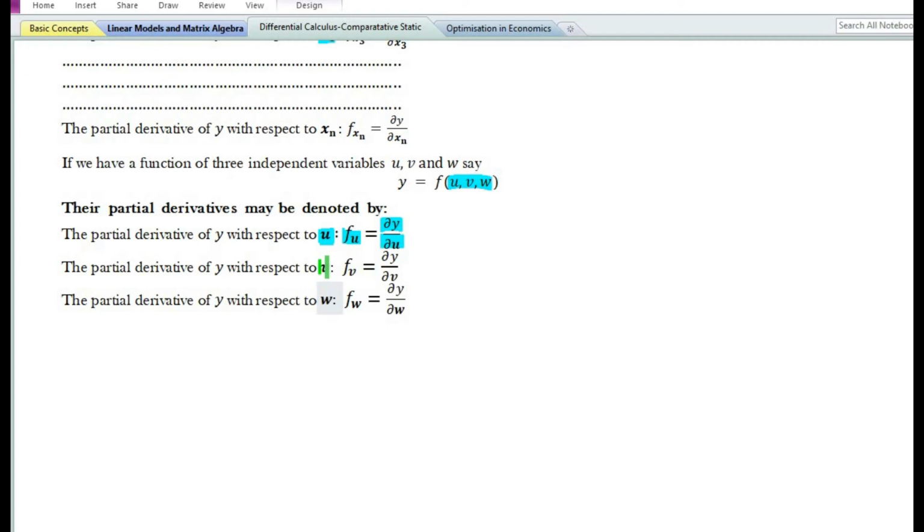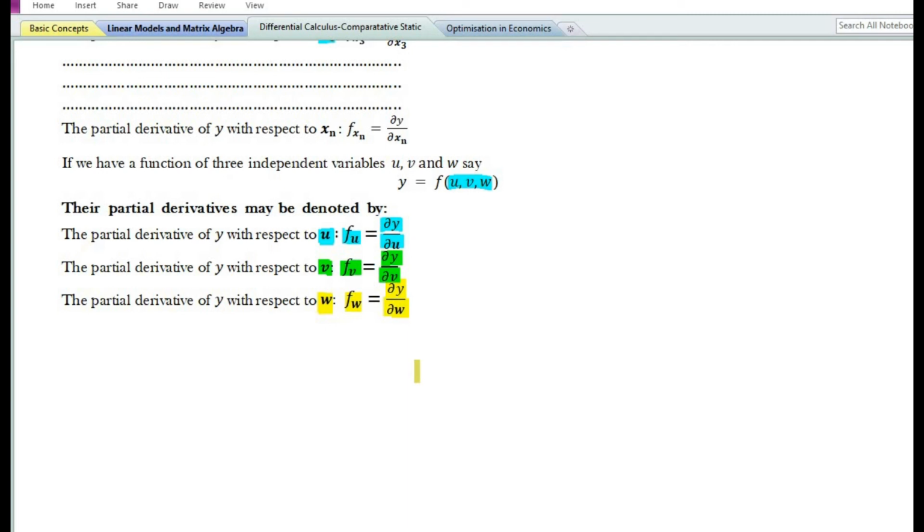Similarly, if we allow v to change while holding u and w constant, the partial derivative of y with respect to v is denoted by f subscript v or del y by del v. Again, if we allow independent variable w to change while holding u and v constant, the partial derivative of y with respect to w is denoted by f subscript w or del y by del w.